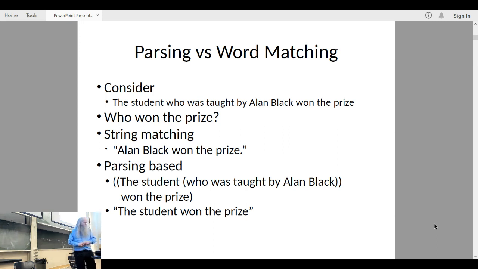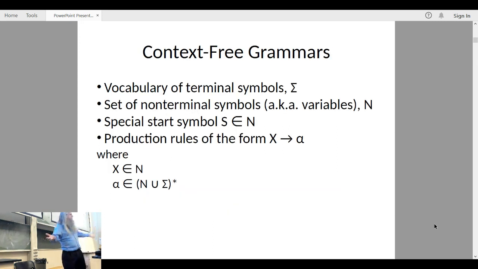Okay, context-free grammars. You will remember this. We've got a vocabulary of terminal symbols, a bunch of words. We've got a set of non-terminal symbols. You could think about them as variables. We're going to write those in uppercase letters. We've got a special start symbol, almost always S for sentence.